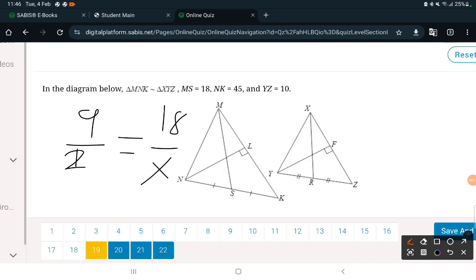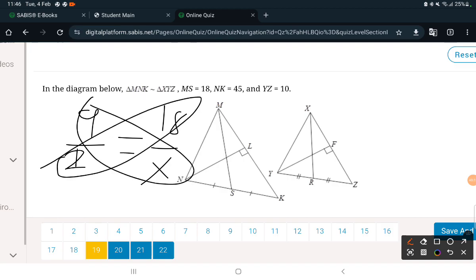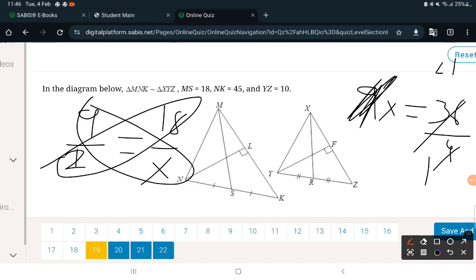Cross multiply, you will get 9x is equal to 36. 36 divided by 9 is just 4. Divide by 9, top and bottom, 4 over 1. So x is equal to 4.